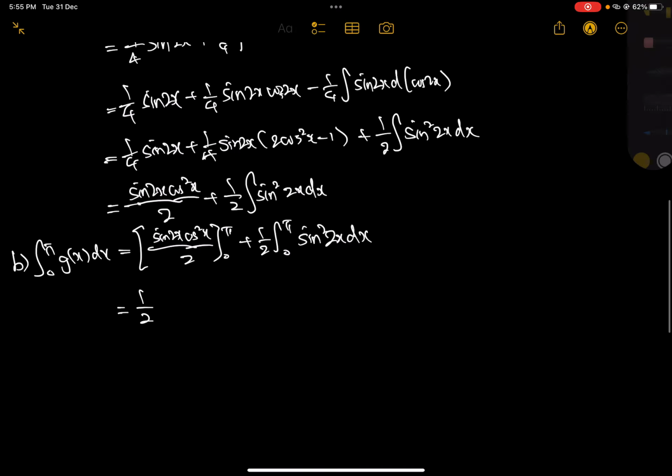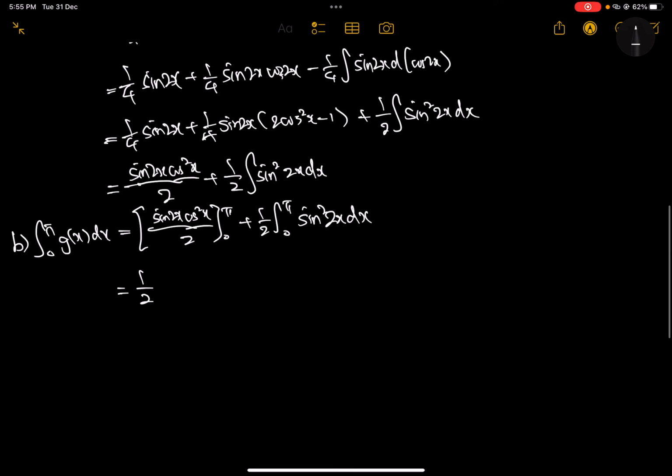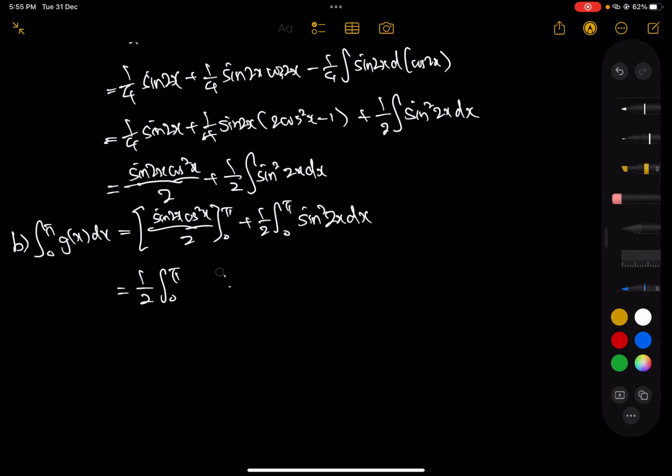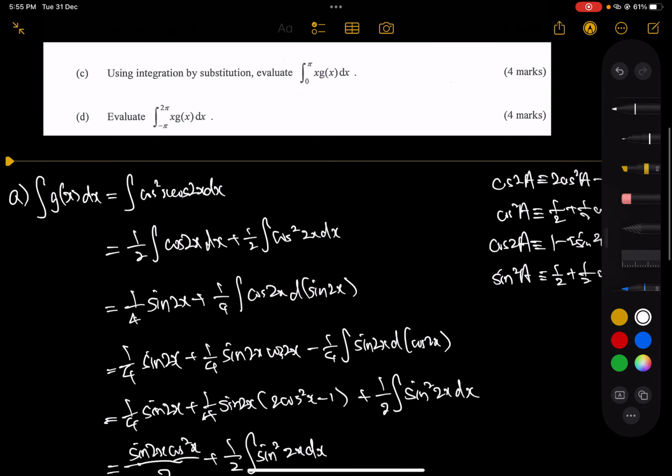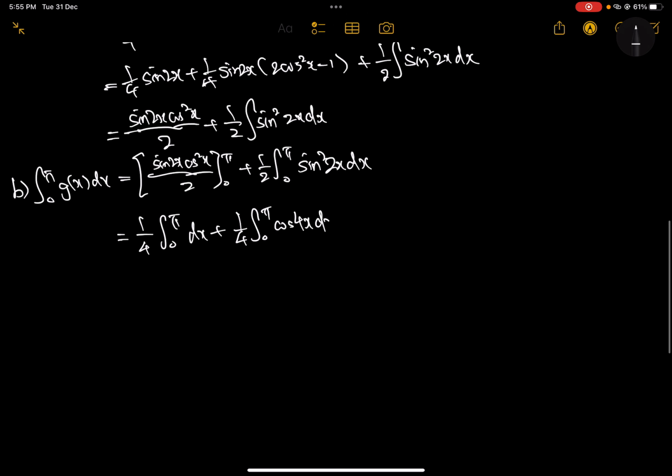And second, cosine 2a is equal to 1 minus 2 sine squared a. So we have sine squared a is equal to 1 over 2 plus 1 over 2 cosine of 2a. So we have 0 to pi of 1 over 2 dx, which is just 1 over 4 dx, plus 1 over 4 from 0 to pi of, I believe, cosine 4x dx.